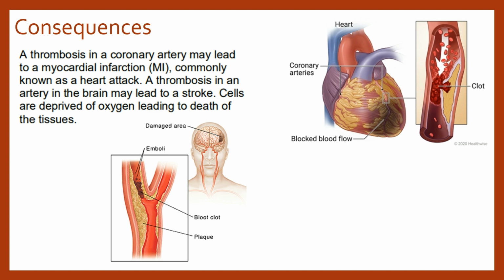Or if you've got a blood clot, a thrombus, in one of the arteries such as the carotid artery, which supplies the brain, then that may lead to a stroke. So regardless of where the blood clot forms, or where it blocks, ultimately what's happening is the cells are being deprived of oxygen, thus leading to the death of the tissue.